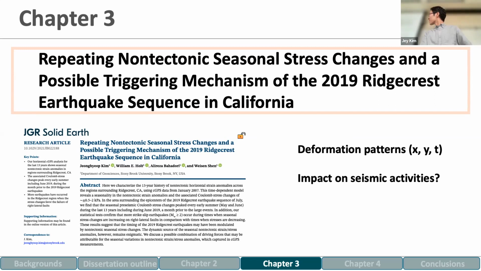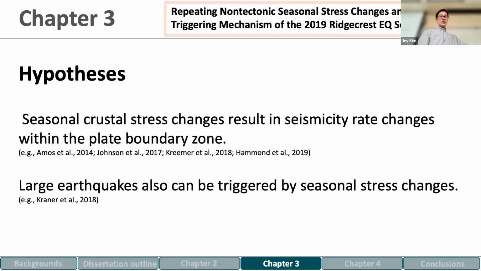Previously I quantified the deformation pattern over space and time, and now I'm wondering, is there any possible impact of time-dependent deformation on seismic activities? That was my question. And I had two major hypotheses. The first hypothesis is that seasonal crustal strain and stress changes result in seismicity rate changes within the plate boundary zone.